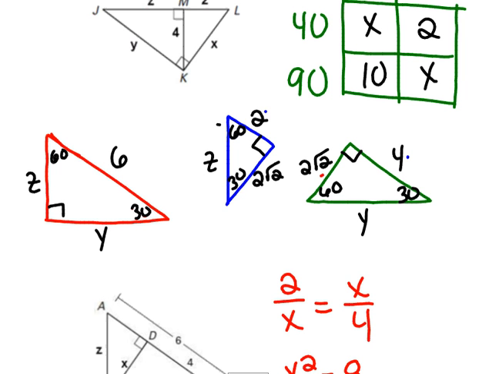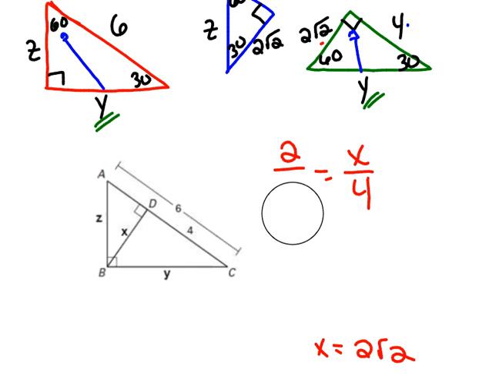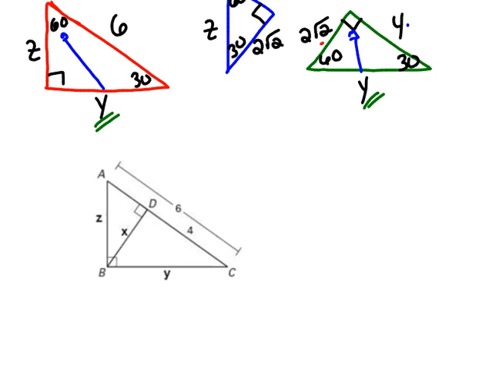All right, then let's solve for y next. So we have y here and y here. And y is opposite our 90-degree angle. And y is opposite our 60-degree angle. So then my box becomes 60 and 90, and I'm using the large triangle and small triangle.